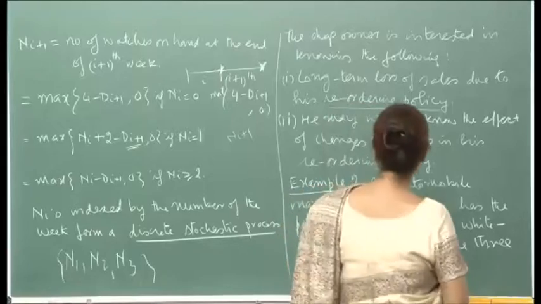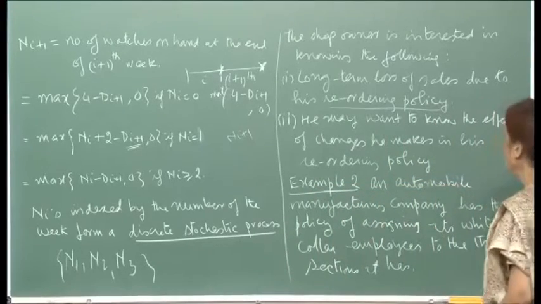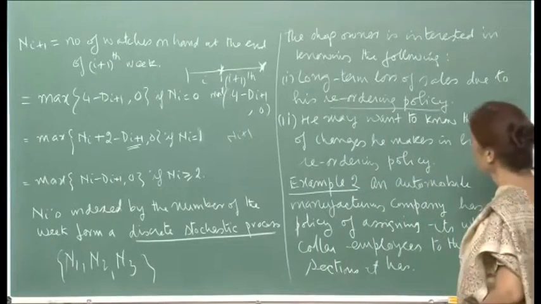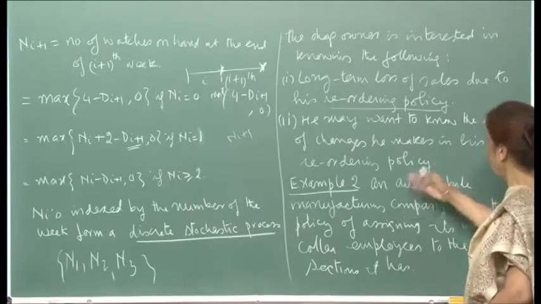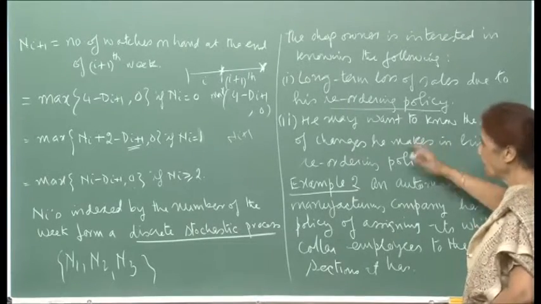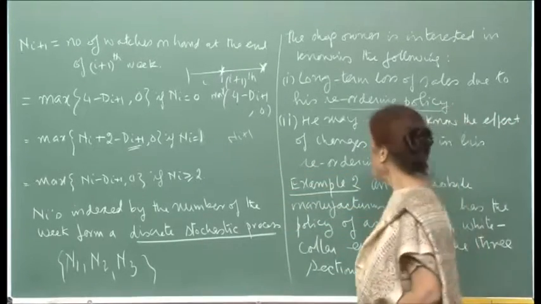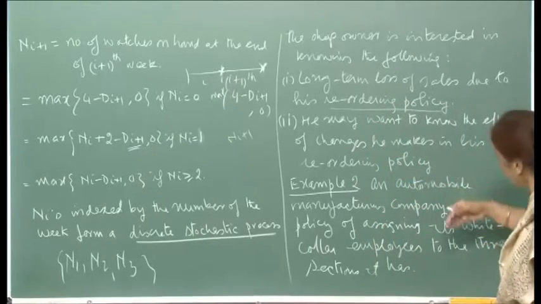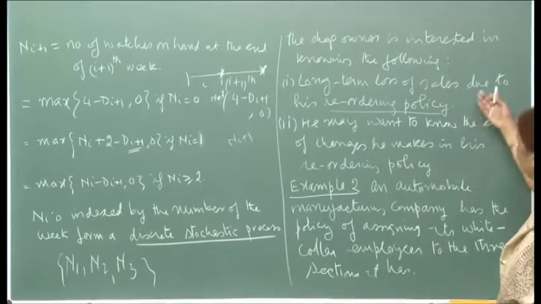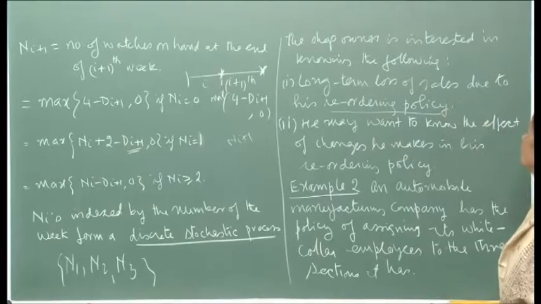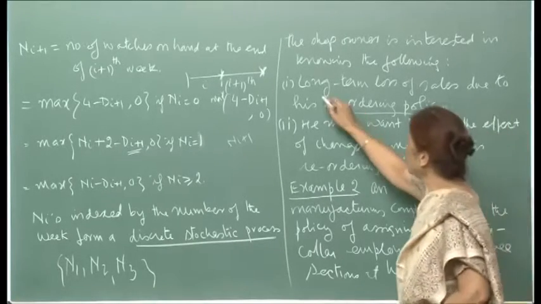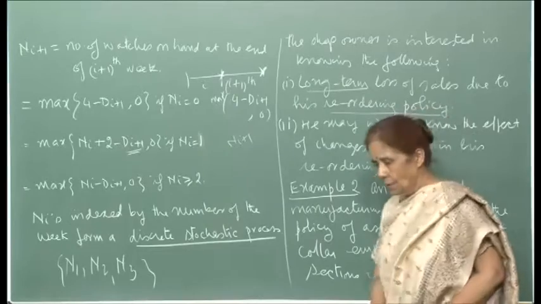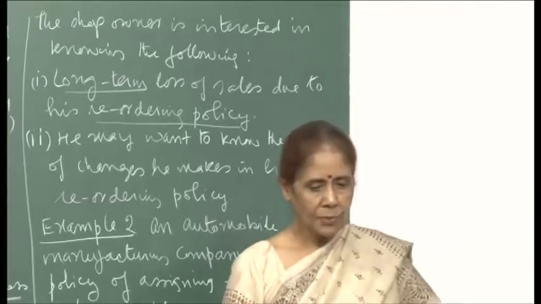Then he may also want to know the effect of changes he makes in his reordering policy, right. He may want to change some of the orders there, and then he would want to know, okay, would that make the situation better, for example, would it reduce his long term loss. I am using the word long term here because it takes a while for any system to settle down.